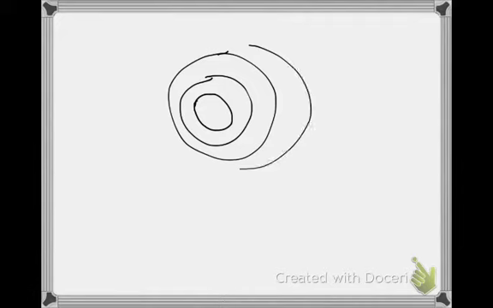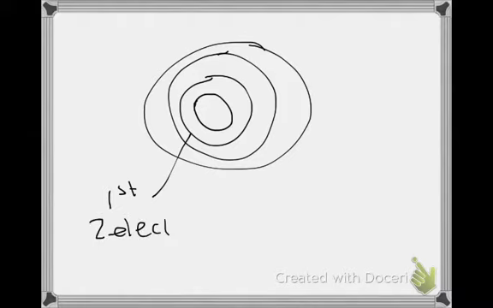If we're looking at just the electron energy levels now, I'm going to draw the circle again here. The first can have a total of 2 electrons. The second can have 8 electrons.